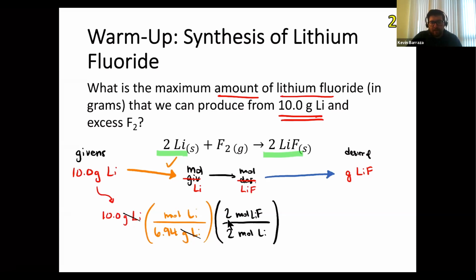Yes, you could reduce it, but I say, why do that when you could just copy them down exactly and know that you're using the right numbers? Sometimes if we try to reduce them before plugging them in, we make a mistake. But since the ratio is 2 to 2, yes, that's the same as a 1 to 1. That's fine.